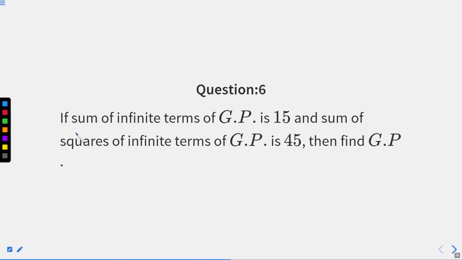Now this question is also based on the infinite sum. The previous was the finite sum. Here we will discuss the infinite sum of GP. Let me give you the formula. The formula for the infinite sum is the first term A upon 1 minus R, where A is the first term and R is the common ratio.